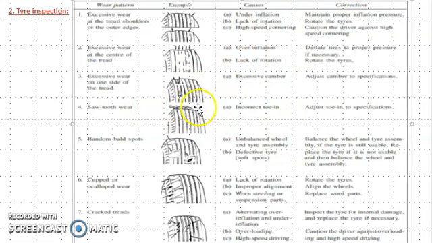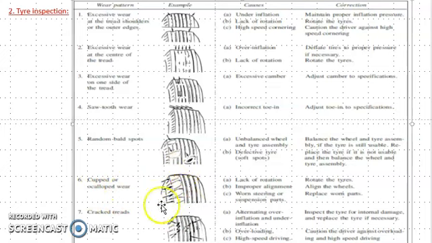Another type of wear you will observe is random bald spots. This is observed when there is an unbalanced wheel or tire assembly, or a defective tire. Then cupped, scalloped or curved wear.